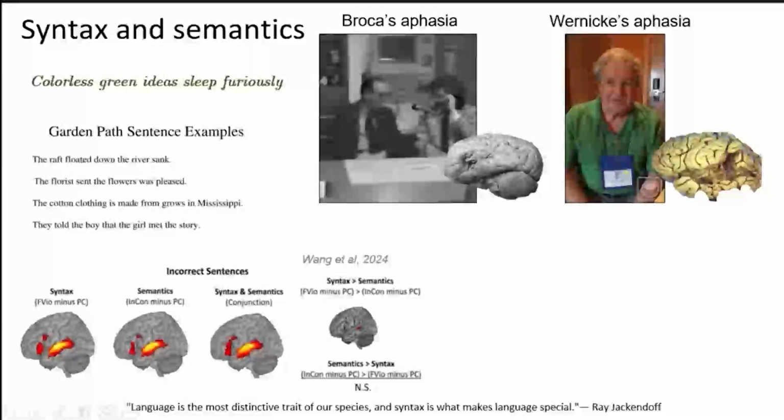However, fMRI studies, for example, this study, which actually came out just last year, kind of tried to differentiate this thing. So it showed sentences which are grammatically incorrect, but semantically they could be meaningful, right? Like the boy throwing the ball instead of the boy is throwing the ball or something like that. And then showed sentences the other way, which are grammatically correct, but semantically meaningless, right? The boy is throwing, I don't know, the democracy or something that you can't throw, right?